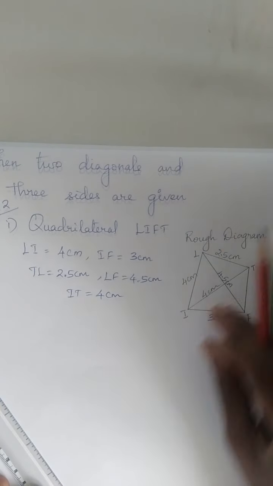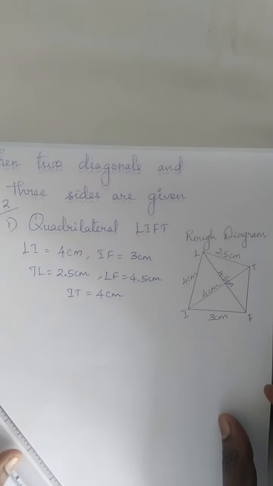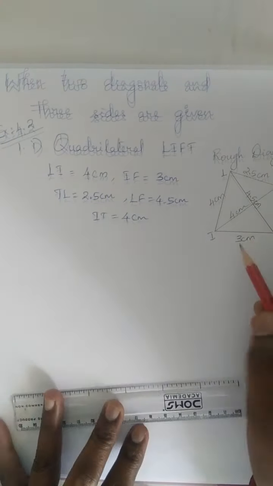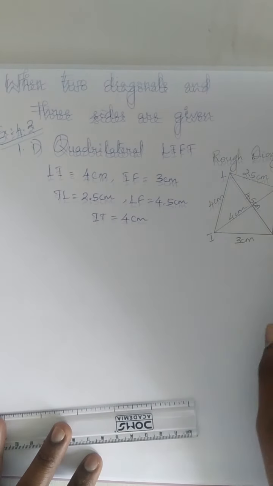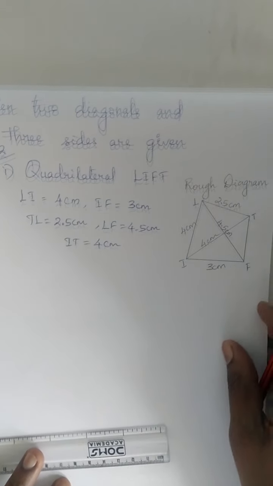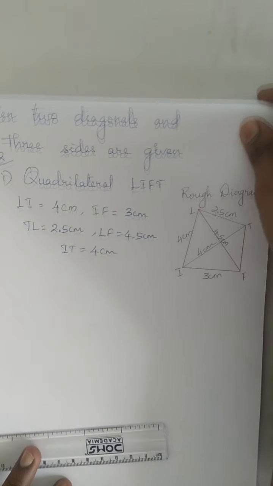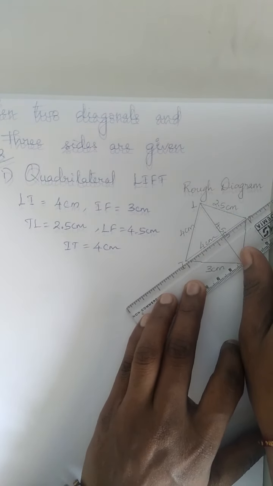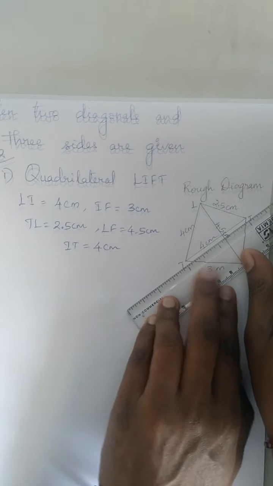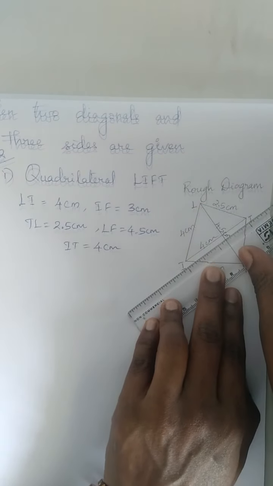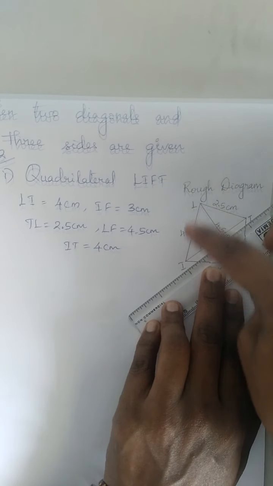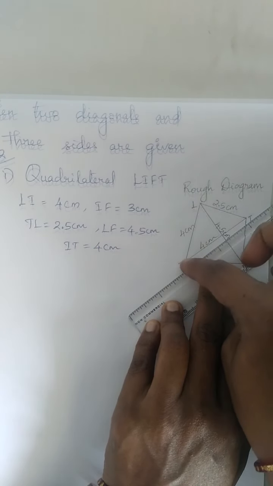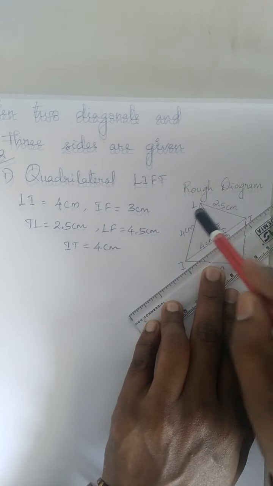Then based on this rough diagram, now we are going to draw the fair diagram. So before going to construct the quadrilateral, let's discuss the rough diagram. Now when I keep like this, you can see the triangle LIT.